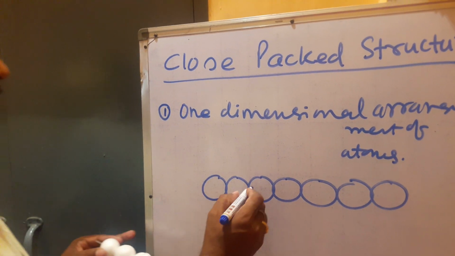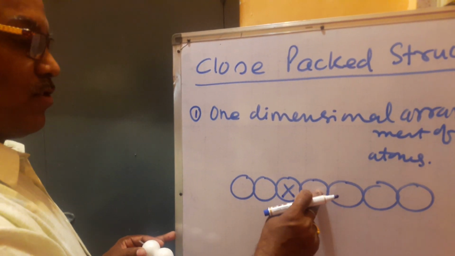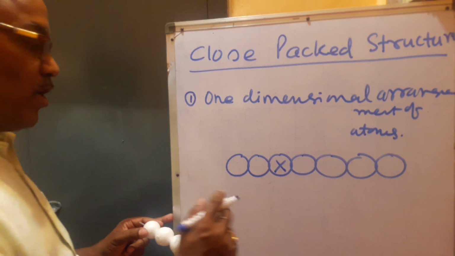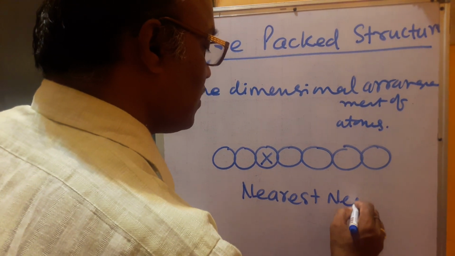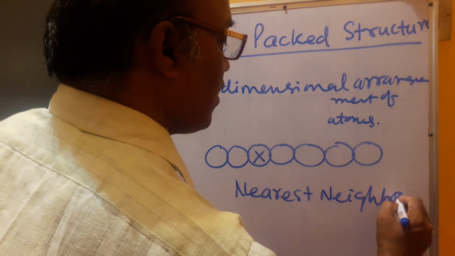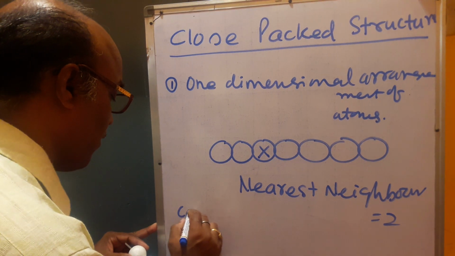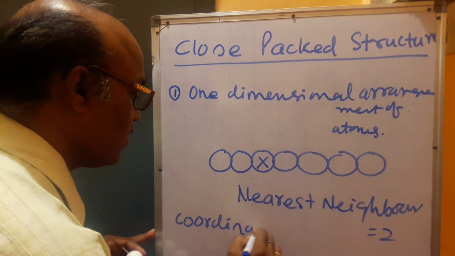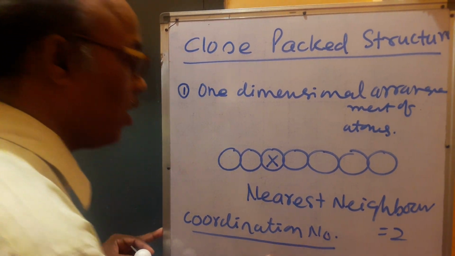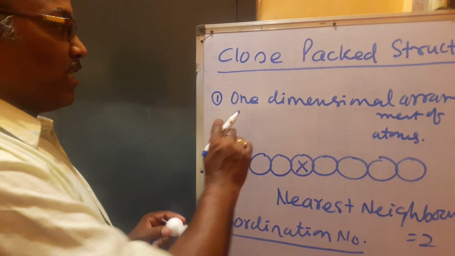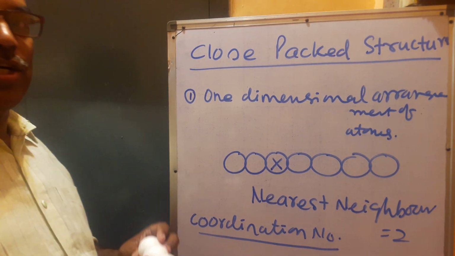Each atom is joined to two nearby atoms, so its nearest neighbor count is 2. This is called the coordination number, which is nothing but the number of nearest neighbors. In one dimensional arrangement, the coordination number of each point is 2.